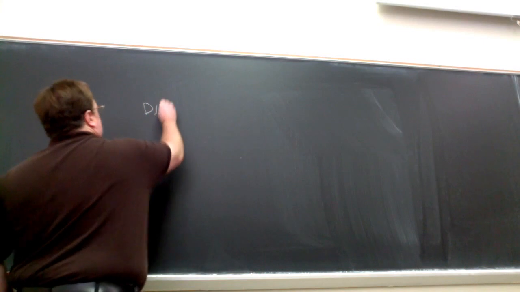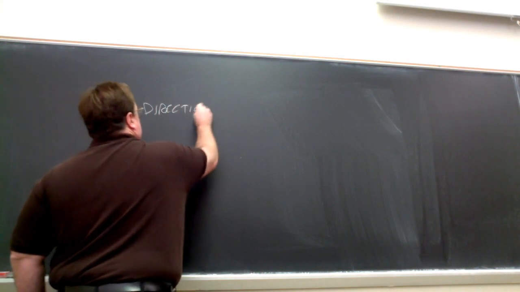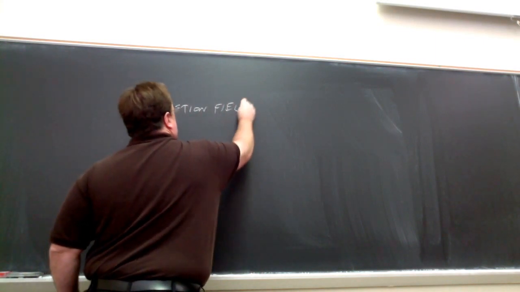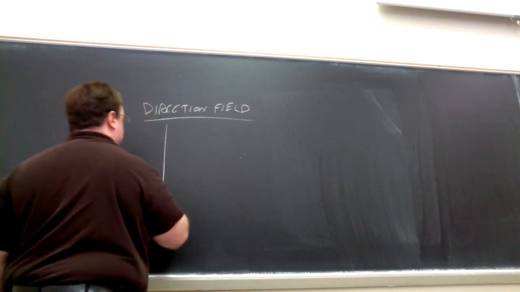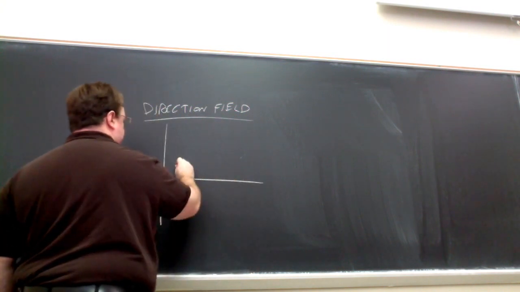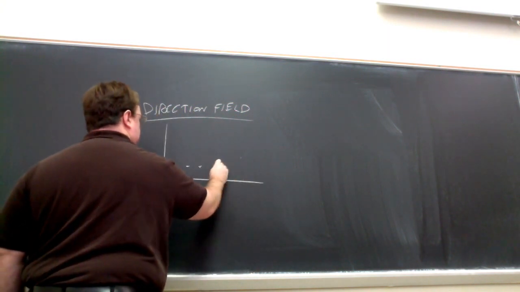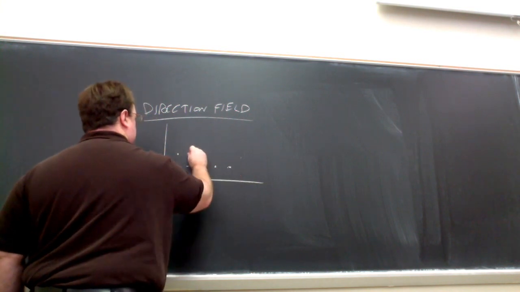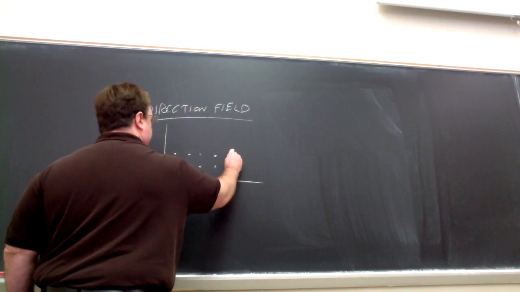Well, what you do for a direction field is you're just picking several points in your ty plane. So, for instance, something like this.